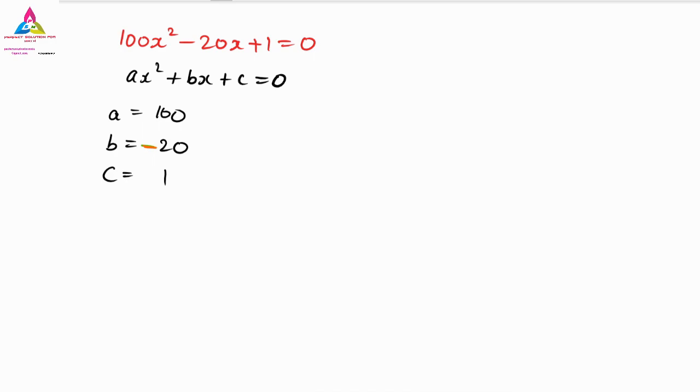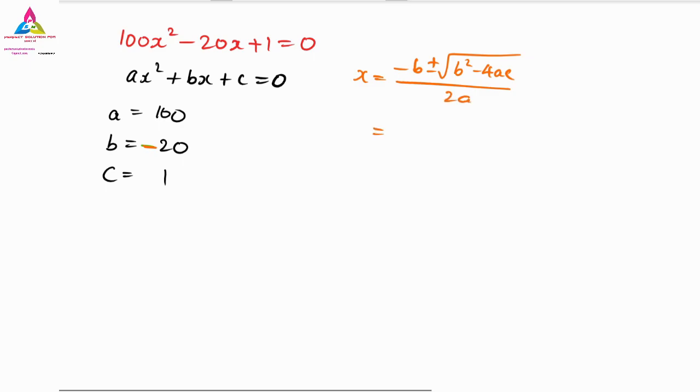Okay, next one is the formula. So x is equal to minus b plus or minus square root of b square minus 4ac, whole divided by 2a. In this, minus b we have to write as it is, and the b value is negative 20. See how much confusion you may have here. So b value is minus 20 and the minus sign you have to write as it is.